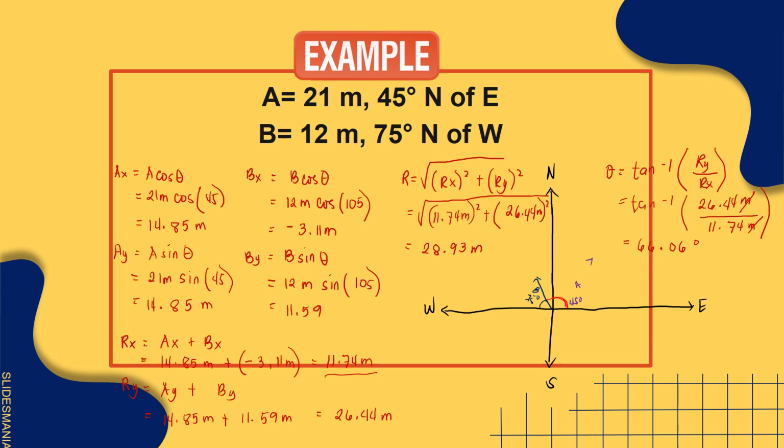Okay, let's erase this one. Okay, and try to illustrate it again. It's 45. Okay, this is 45 degrees. So from east going to north, we have 66 degrees, assuming that that is already 66 degrees.